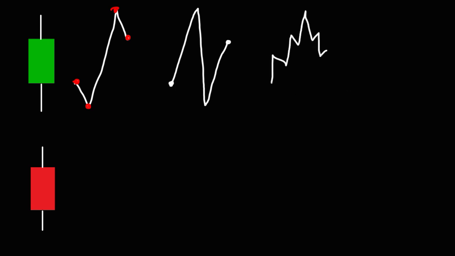Now, something else that could happen with this particular candlestick is that it can open here, but instead of going down to the low, it can go up to the high, and then to the low, and then back to the close. So that's possible too. Now you could have a lot of variations in the middle. It may actually look something like this. But nevertheless, we have the open, the close, the low of the day, and the high of the day.